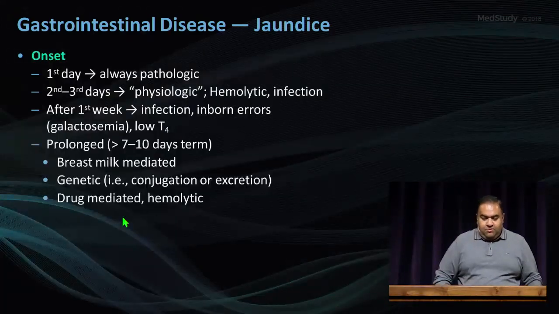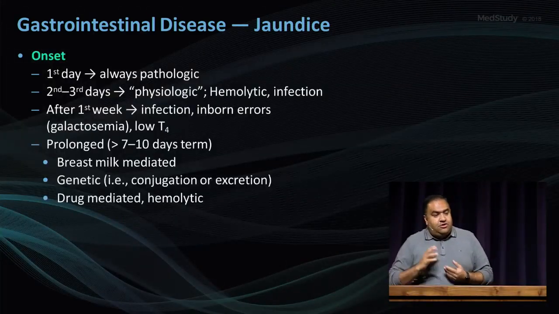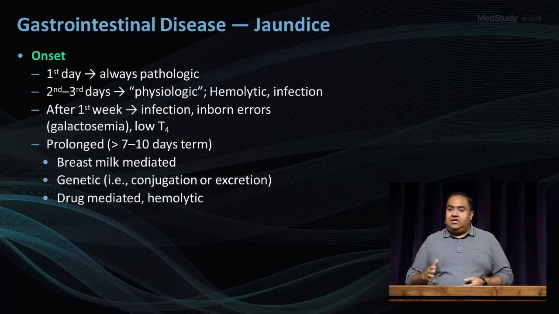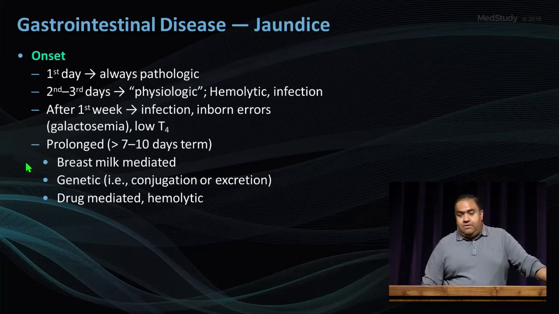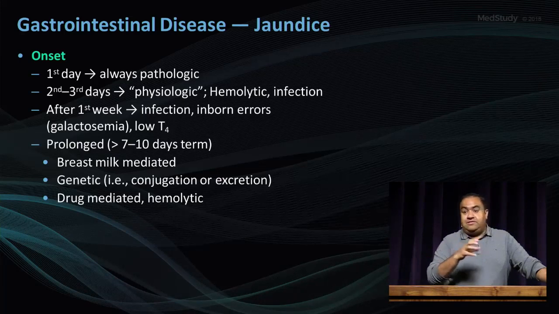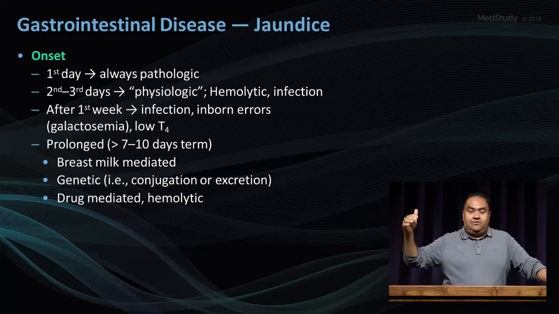And so when we look at onset, the first day, if you have, in the first 24 hours of life, that bilirubin is greater than usually 6, we consider that pathologic. That there's a problem that's ongoing with that bilirubin, and that's causing it to be an issue. Remember, bilirubin is a feature of both time and number. So just because you have a level, it really depends on how many hours of life, because as you go further along the way, you are able to tolerate higher and higher bilirubin levels.